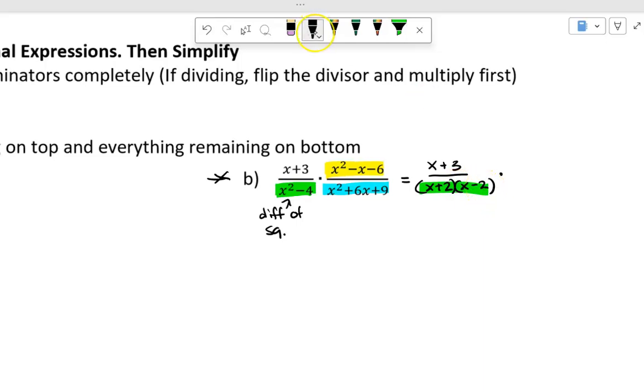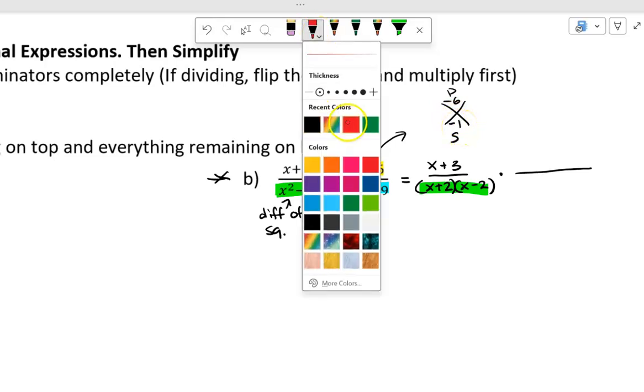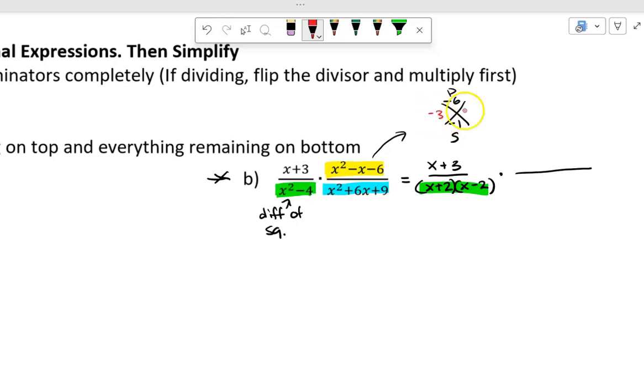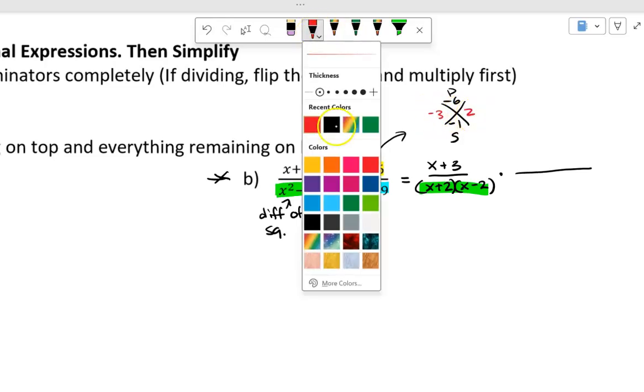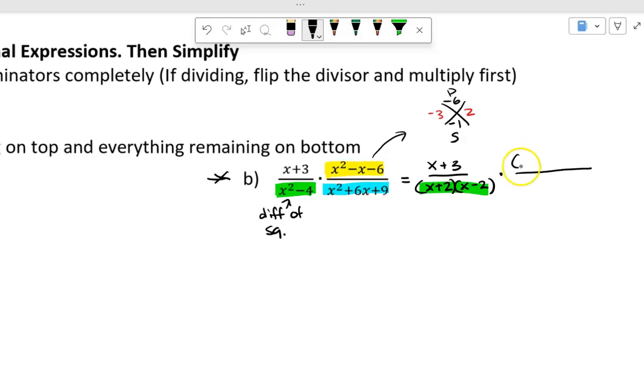My second fraction can be factored as well on top and on bottom. And if you were to do the product sum, where you need a product of -6 and a sum of -1, that's going to be -3, +2. Shortcut: x minus 3 and x plus 2 are your factors.